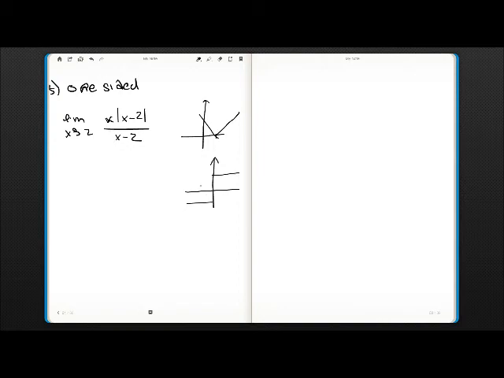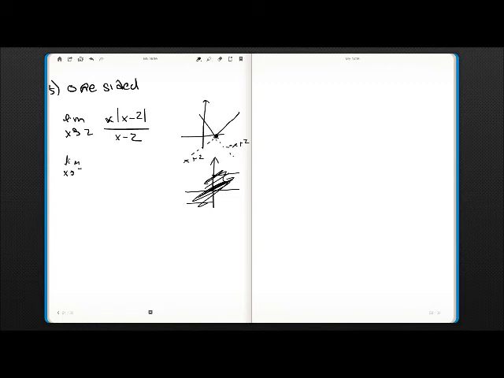So it changes. So say we continue this line and that line, and they change. So we can change that to a piecewise function.